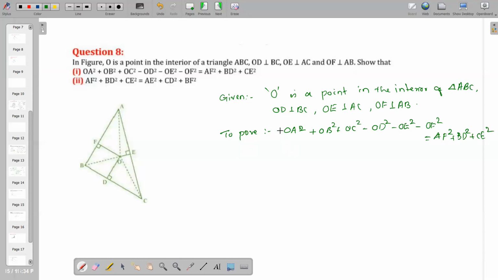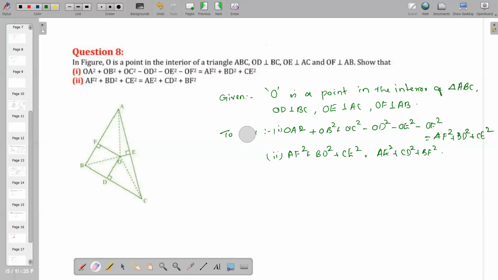This is the first part, and the second part we need to prove is AF square plus BD square plus CE square equal to AE square plus CD square plus BF square. Okay, so these two we need to prove.